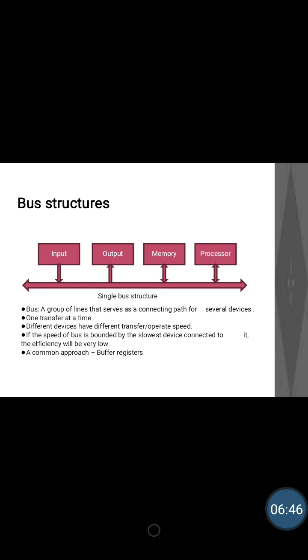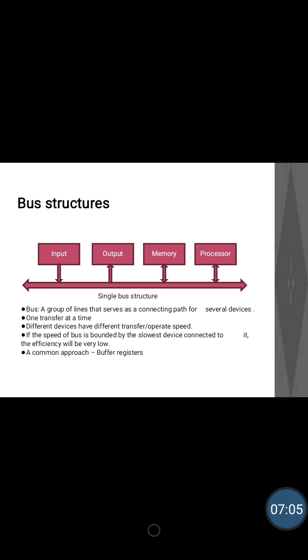So all the devices are having different speeds. What I can say is all the units which are connected to the bus are having different speeds. See, all of these have to communicate with each other, isn't it?